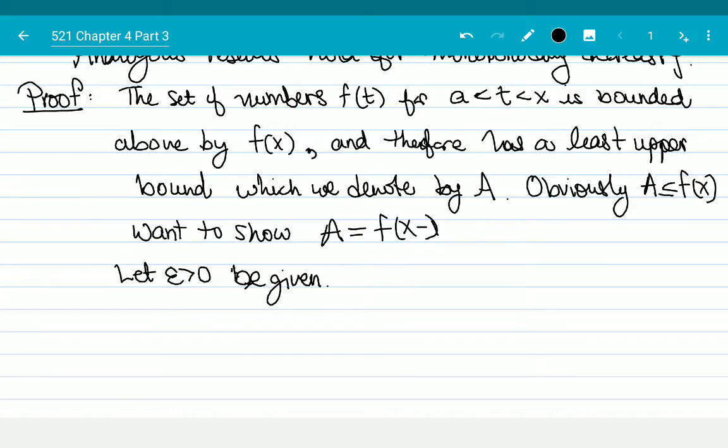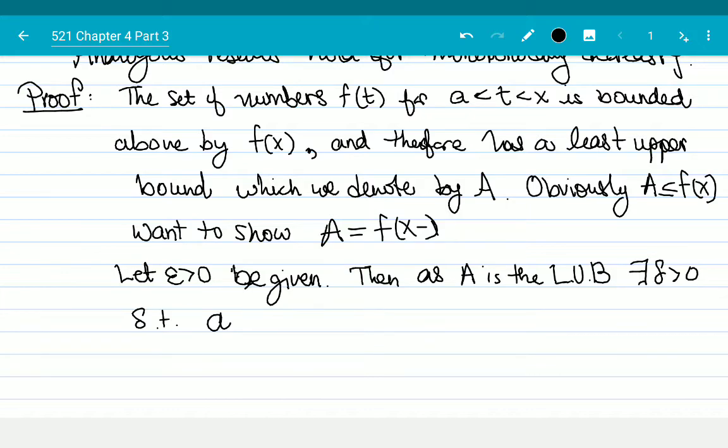Then, because a is the least upper bound, there exists a delta greater than 0 such that a is smaller than x minus delta, which is smaller than x, and a minus epsilon is smaller than f of x minus delta, which is smaller than or equal to a.